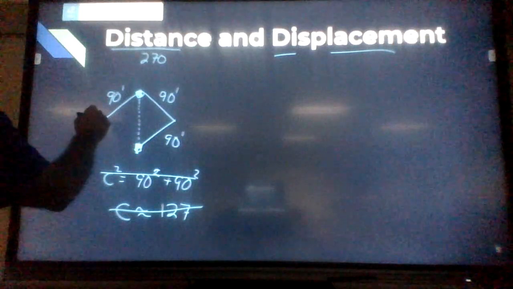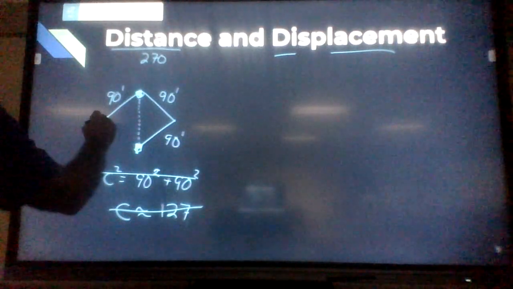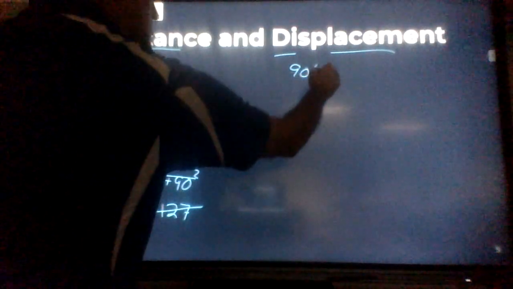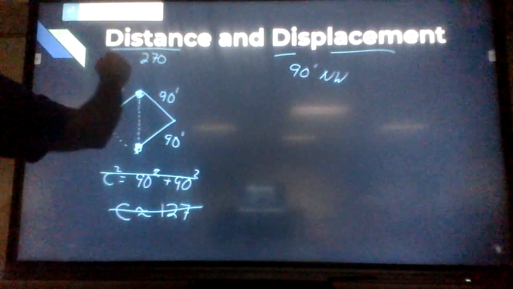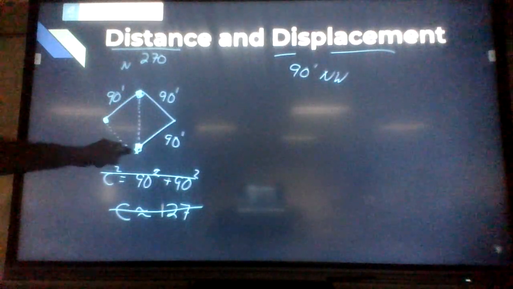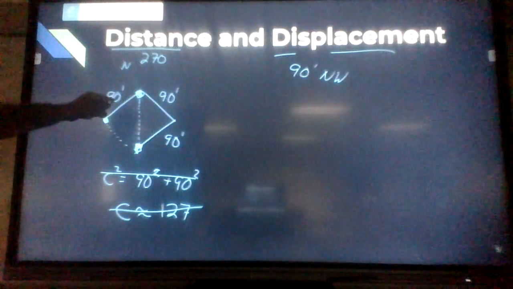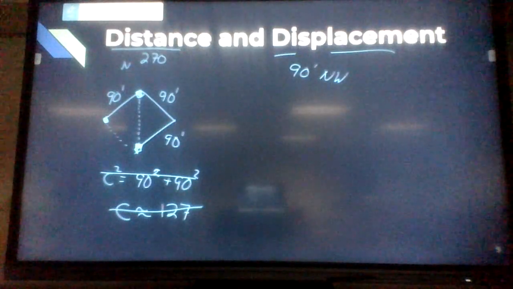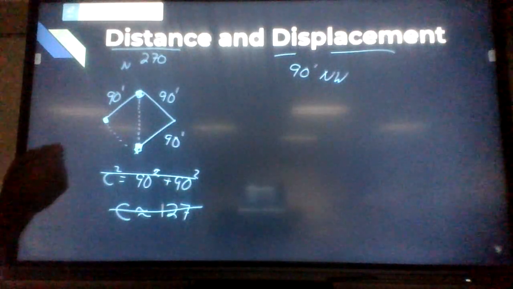But my displacement at third base, that's how far from home I am. My displacement is 90 feet northwest if this was north up here. You see the difference? Distance is the total regardless of what direction. Displacement is when I stop moving, how far away from the starting point am I?